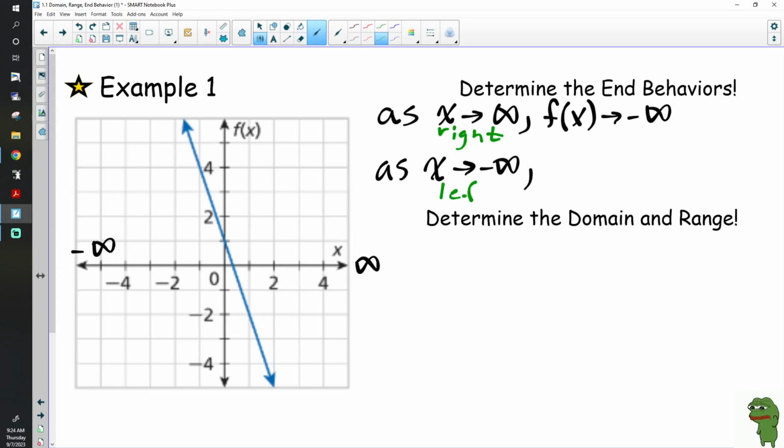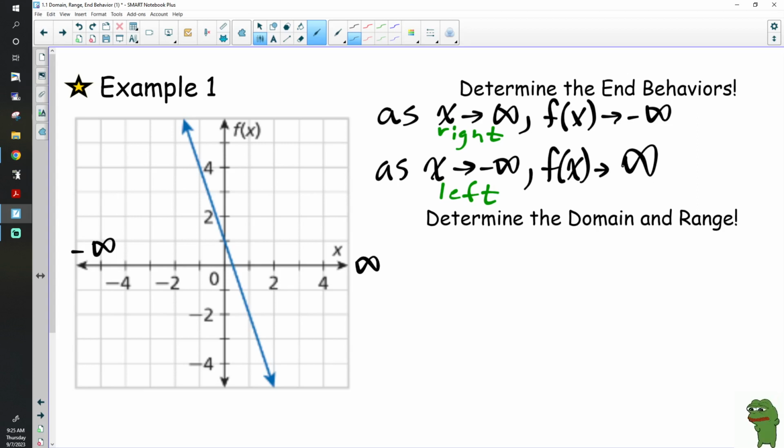This means left side. Hey, x going towards positive infinity, that's the right. X going towards negative infinity, that's the left. So on the left, f of x is going towards positive infinity. It's going up forever and ever and ever. That's it. There's your end behaviors.